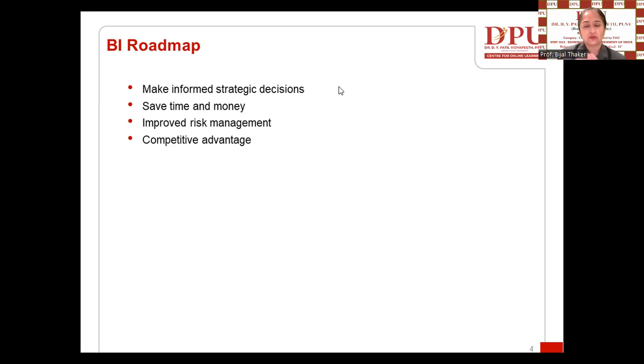Because whenever a roadmap is going to be defined, the implementation should help you take strategic decisions, tactical decisions, and operational decisions. So BI software should have all these qualities or features.